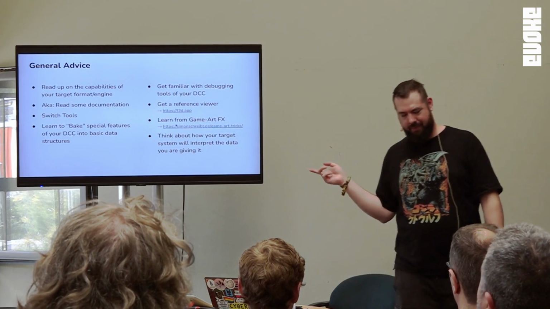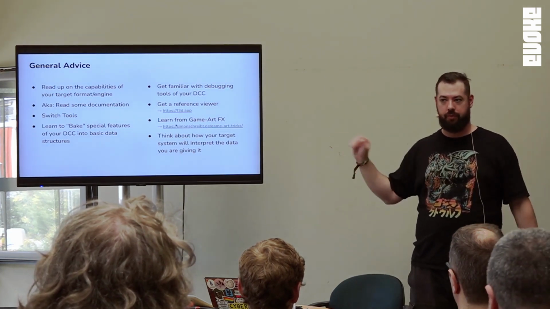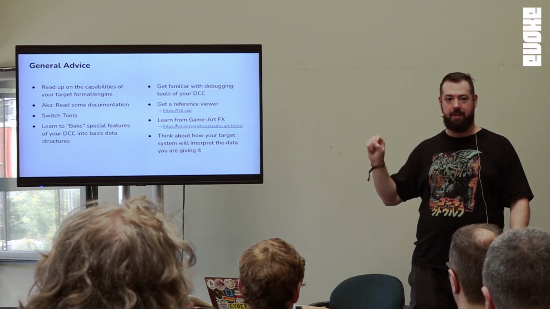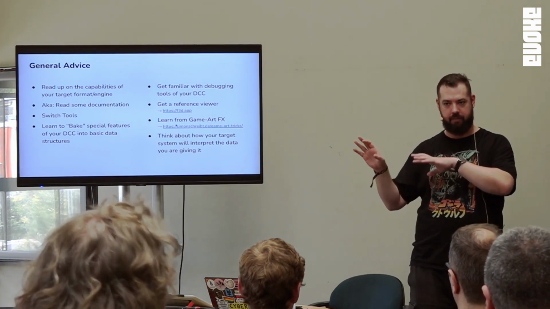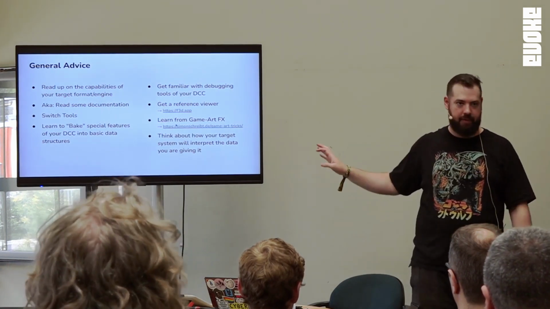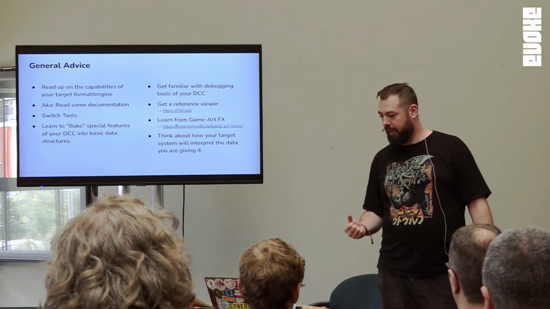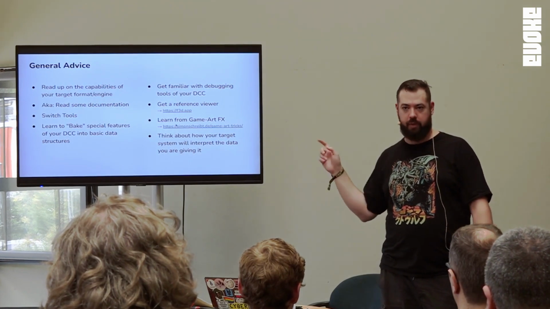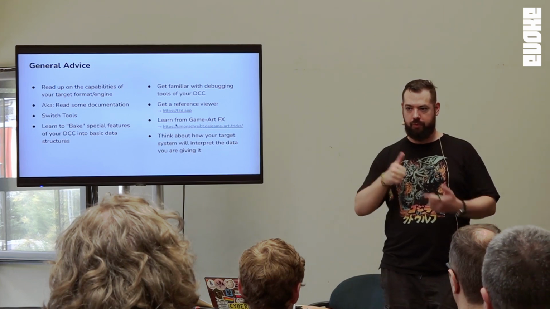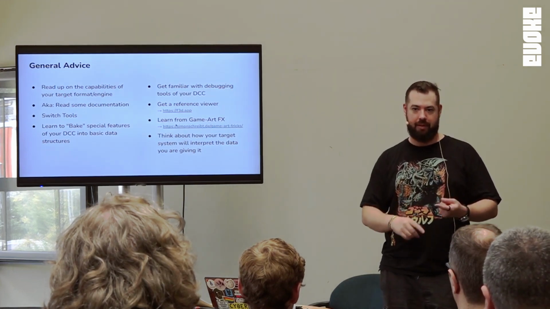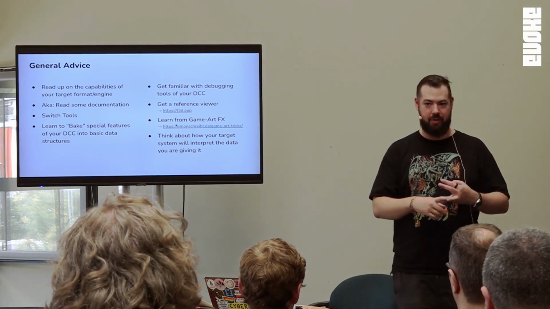Getting familiar with debugging tools, with that I mean stuff like, show me the distribution of the normals. Maybe you can show on your model the skewing of the UV space. Stuff like that. Blender isn't great at this, in my opinion, for debugging tool. So I always recommend people to get a reference viewer, some tool to view your work and your model that isn't your DCC, isn't your target platform, but something which can aid as a reference.